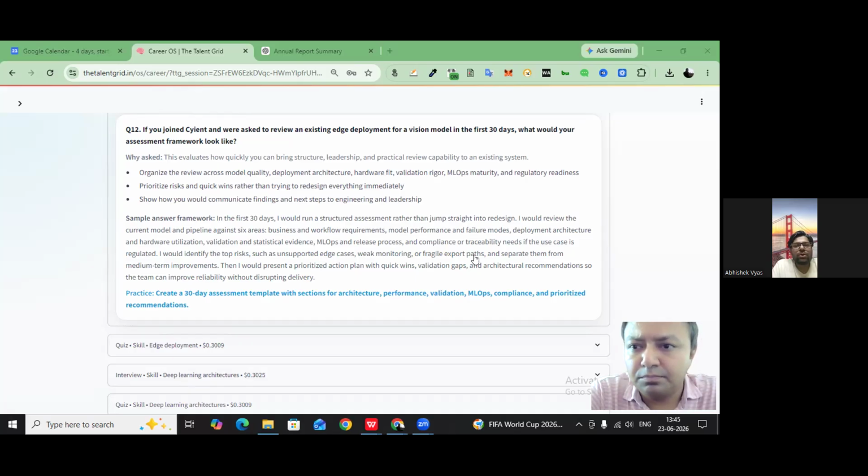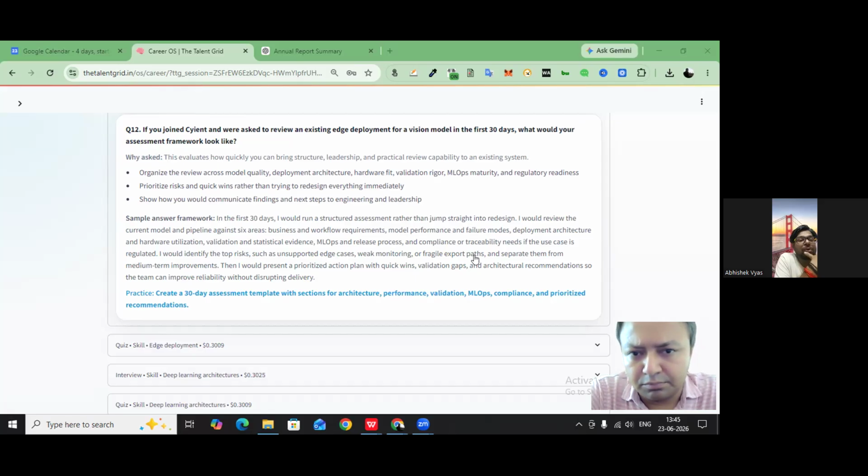So, the framework. The broader points that I would consider during the first 30 days. First is model quality: accuracy, robustness, and whether drift is happening or not.